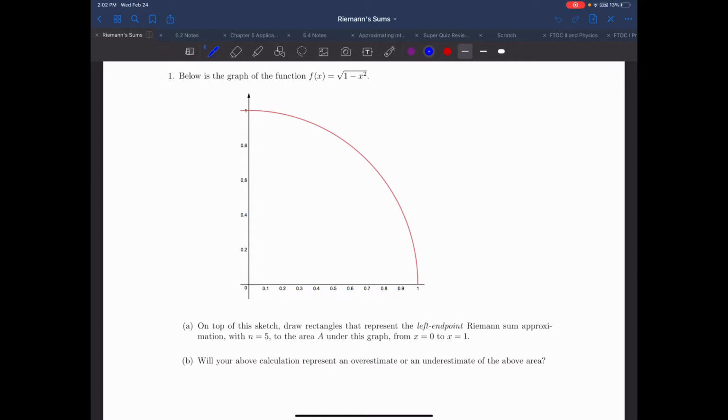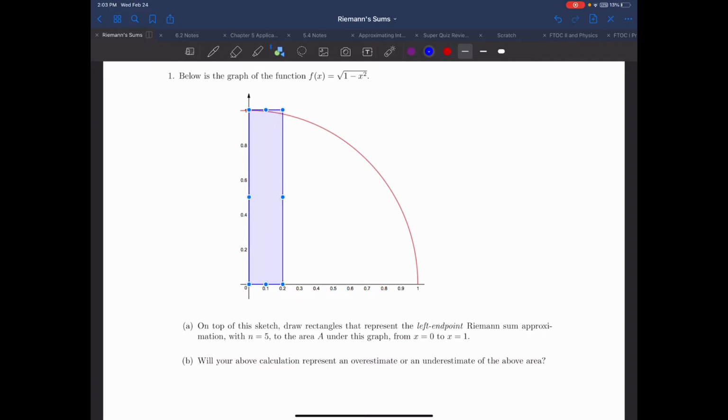So what you're going to do is draw rectangles that have the left upper endpoint touching the function. I'm going to use rectangles like this, and I'm just going to move these into place. It says n equals 5, so there are 5 rectangles. So I'm going to make 5 divisions, and that left endpoint needs to be on the circle.